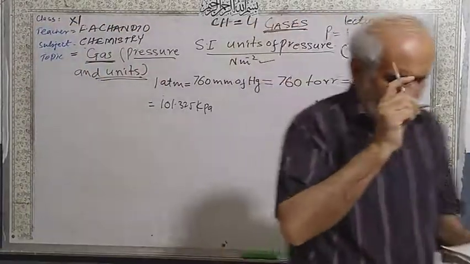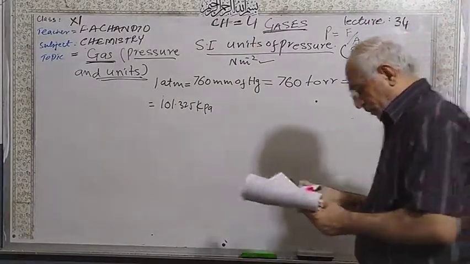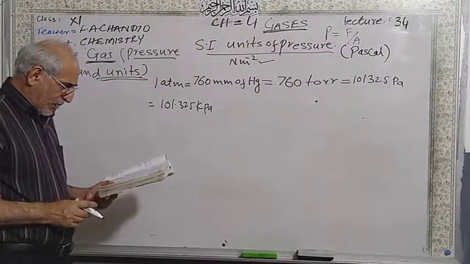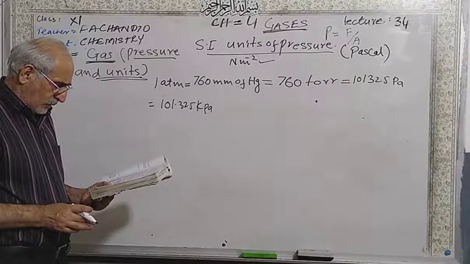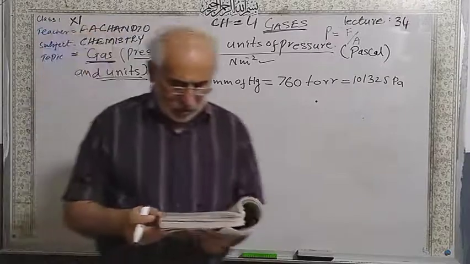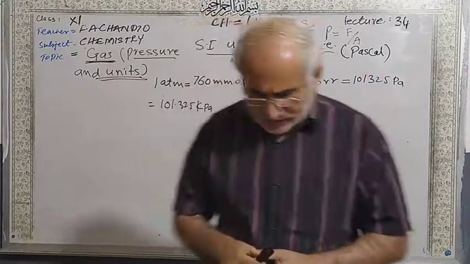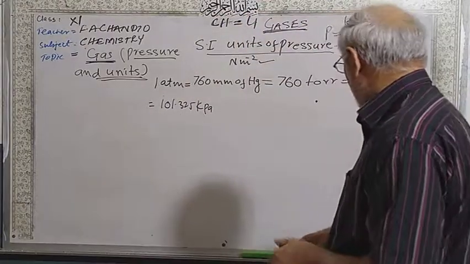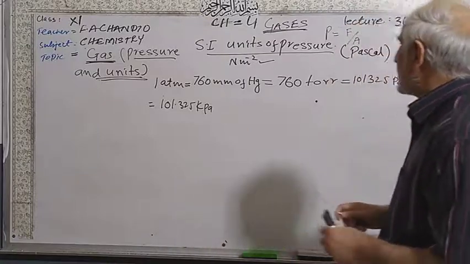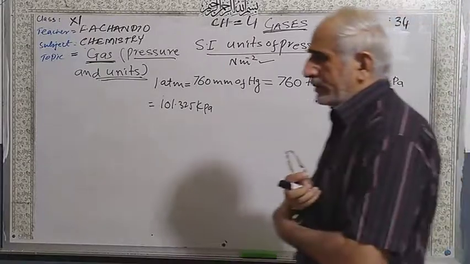So there are many units you can mention here. 1 calorie is equal to 4.18 joules. So dear students, these units we can use in our daily life when we are working with gases, because gases exert pressure.